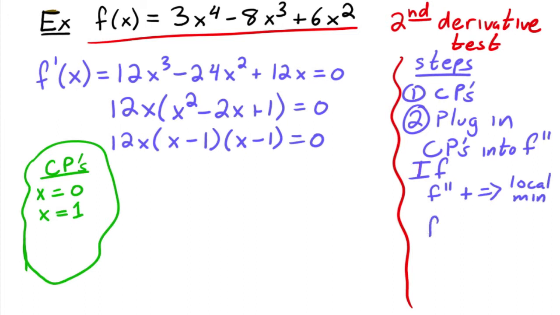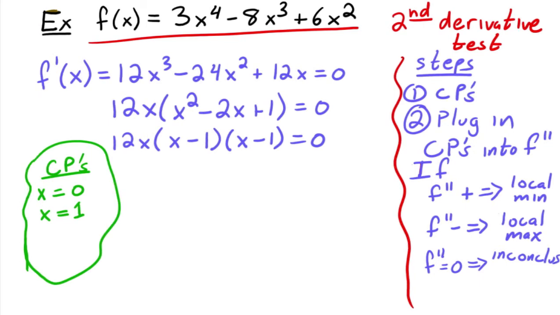And if the second derivative is negative, that means that it's going to be concave down, which means it's going to be a local maximum. And if the second derivative is equal to 0, this is bad news. This is inconclusive.